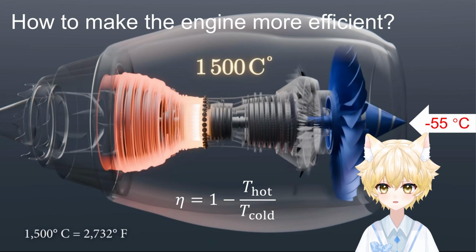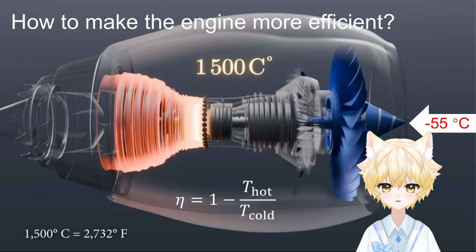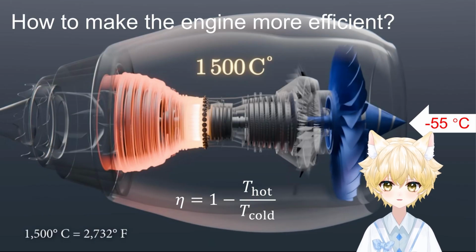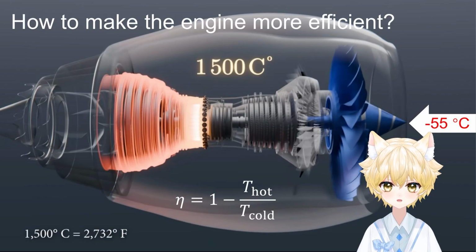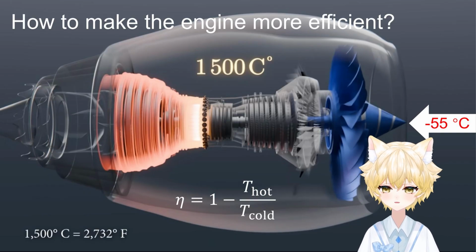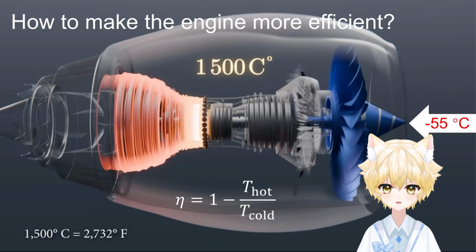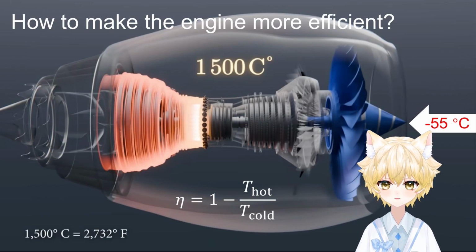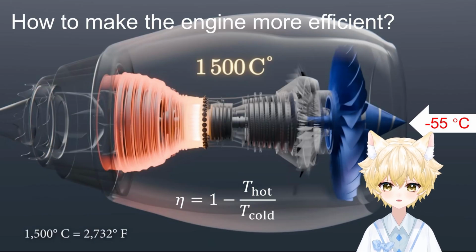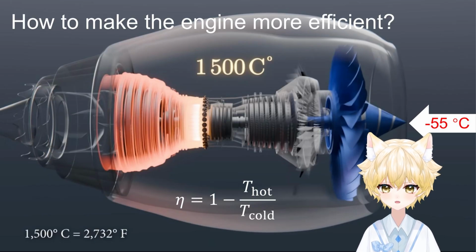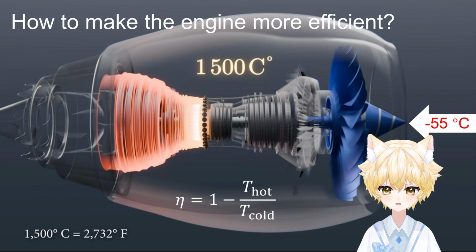At cruising altitudes around 35,000 feet, the outside air is around negative 55 degrees C, which is around negative 67 degrees F. So looking at this, you can improve the efficiency of the engine by raising the temperature in the combustion chamber. One problem with that is it turns the inside of the jet engine into one of the harshest environments we have ever built in which a machine has to survive.